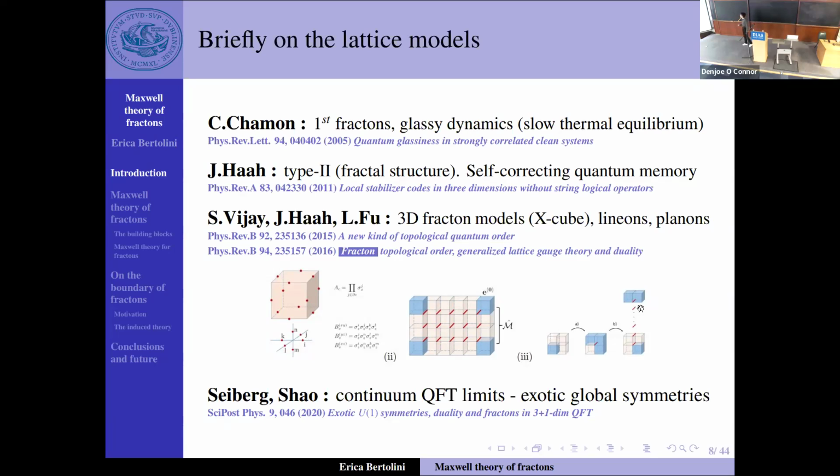Well, in this paper, this was the first time that fractons can be seen, even though the name of the fracton quasiparticles came out only in 2016. But this historically is probably the first model which shows a fracton-like behavior, meaning something that is zero-dimensional.